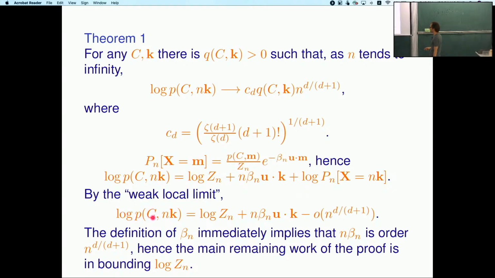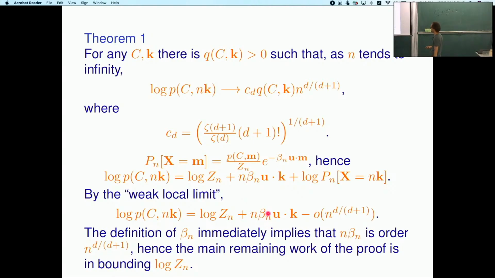But at the special point n times k, we have this weak local limit result, which is that this term here is bounded above by little o of n to the d over d plus 1. Now these two terms, it turns out, this one exactly from the definition of beta.